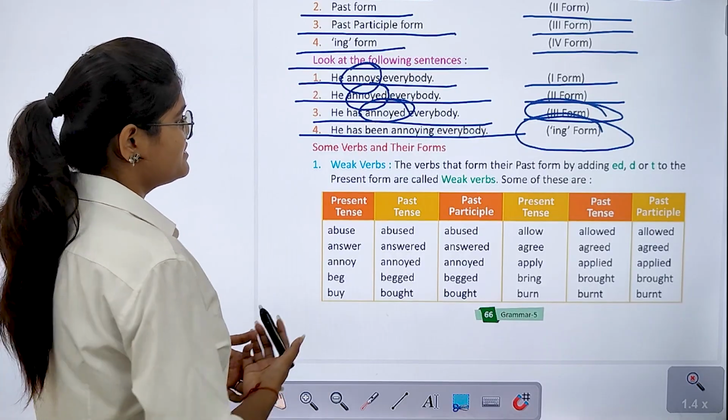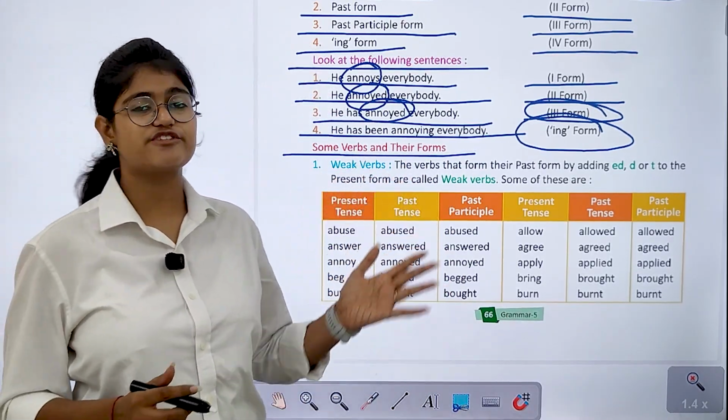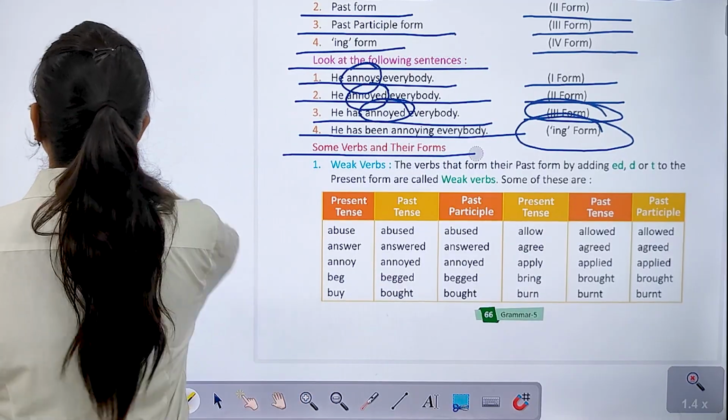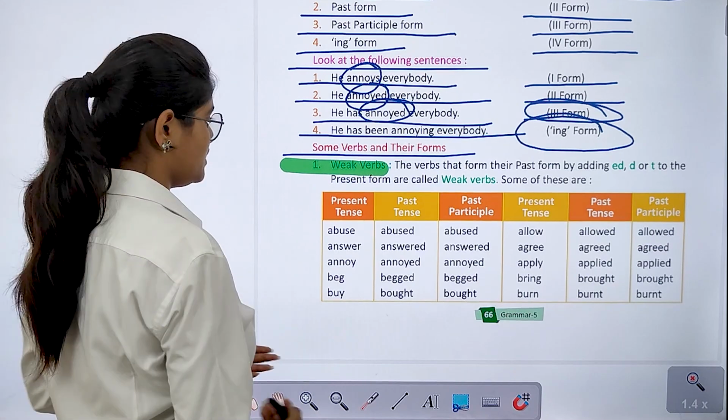After that, some verbs and their forms. अब यहाँ पर कुछ verbs और उनके forms के बारे में बात की जाएगी. जैसे कि the first topic is the weak verbs. Now what are the weak verbs?